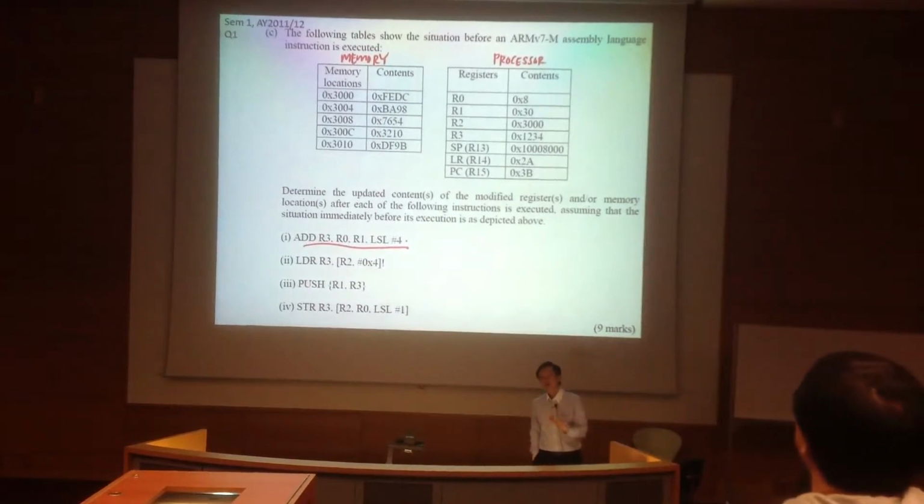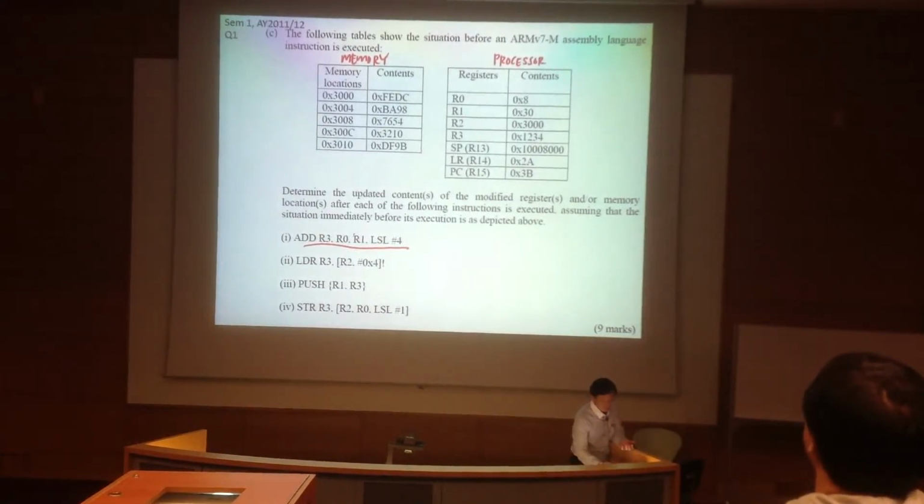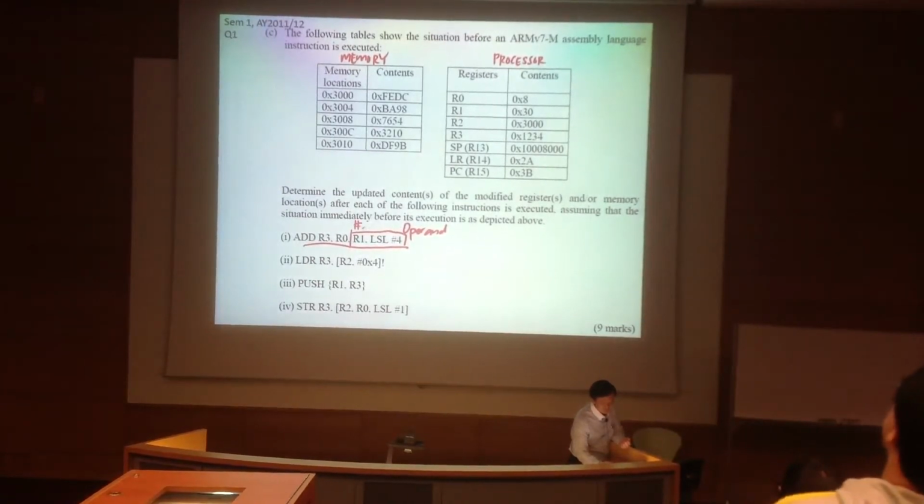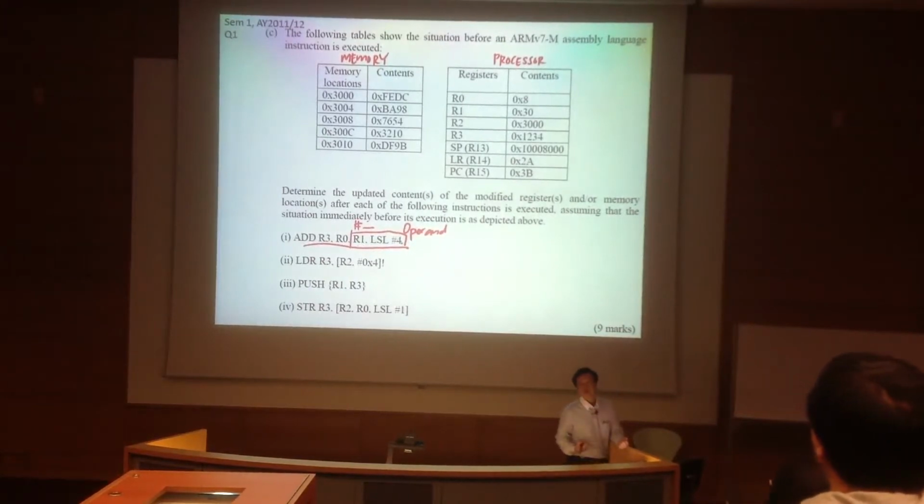So many arguments or parameters. You have to recognize that part of it is operand 2. So this part here is operand 2, because operand 2 can be either a constant or a register with optional shift.